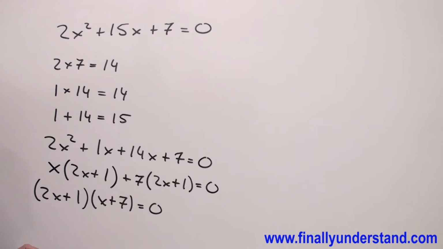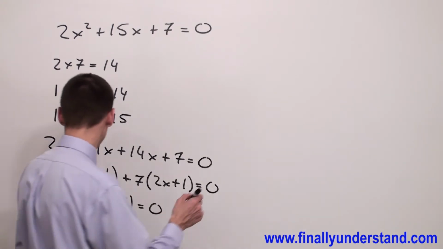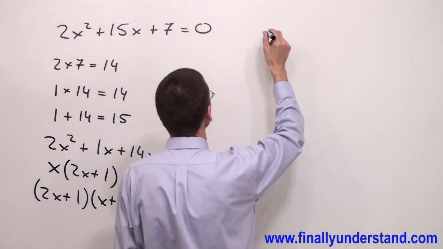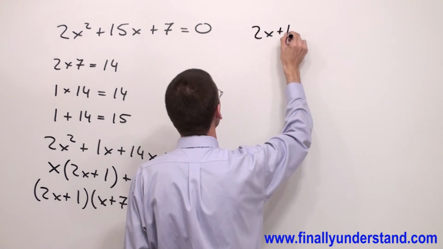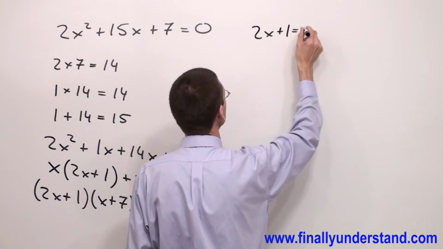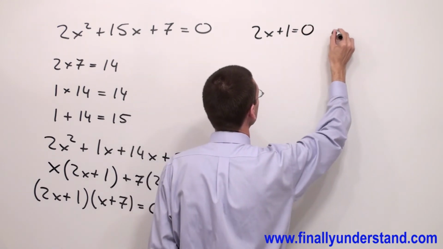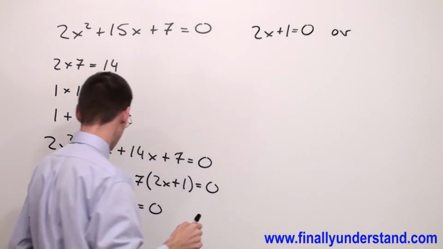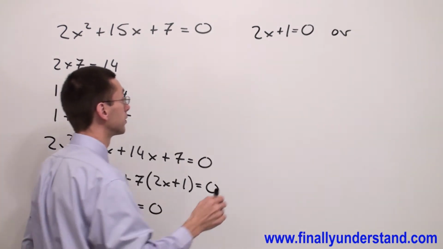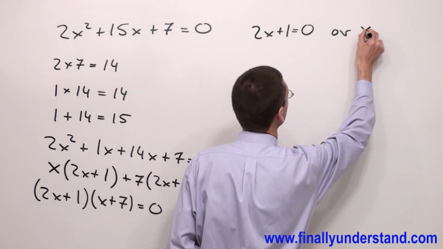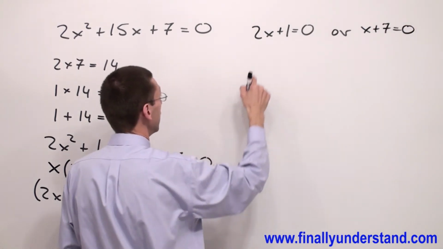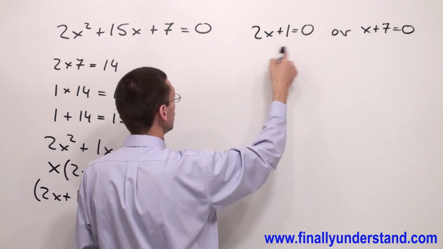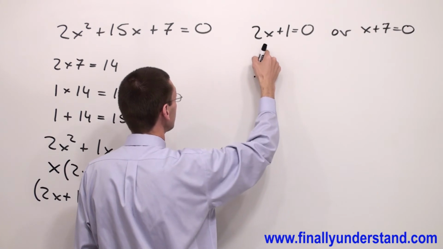So I'm going to write 2x plus 1 is equal to 0, or x plus 7 is equal to 0. I have to solve both of these equations for x.